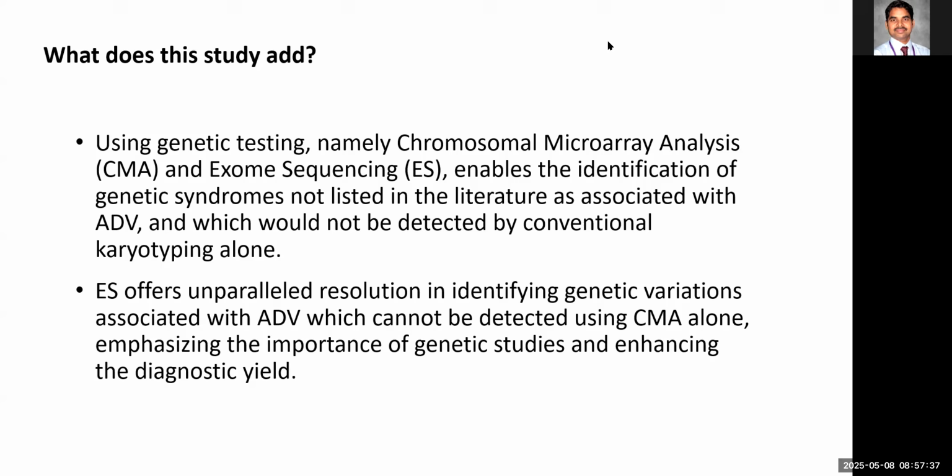Right now, for almost everything, we are doing exome first. That is the exome sequencing plus clinically relevant copy number variations. So we are doing that for almost everybody now. That means it's a test that will tell you what the CMA tells and what the WES tells.